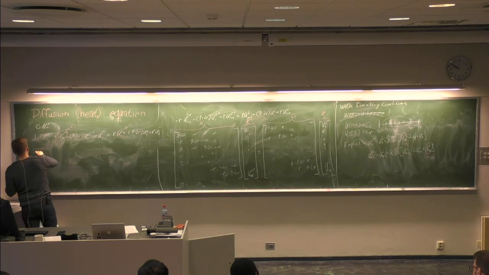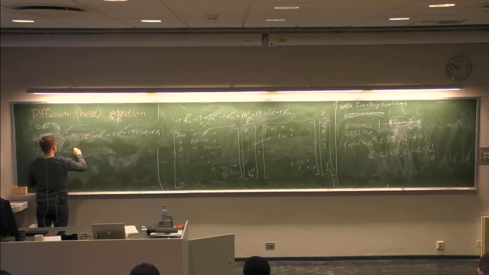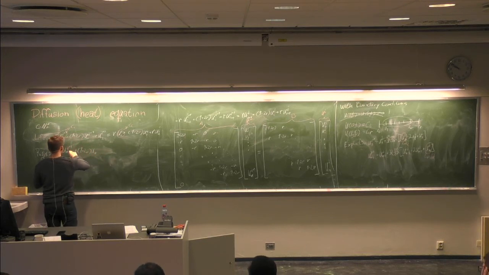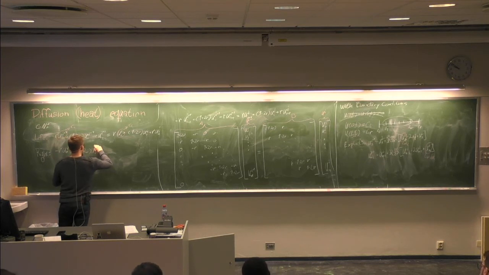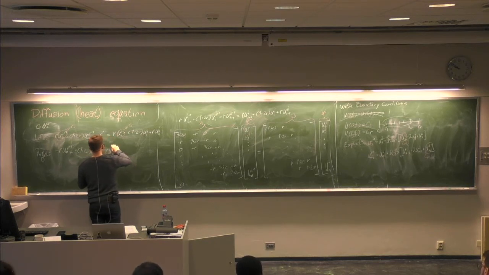And then for the right endpoint, you will have minus r U n minus 1, j plus 1 plus 2 r U n, j plus 1, well, minus 2, minus n plus 1, so n I guess.